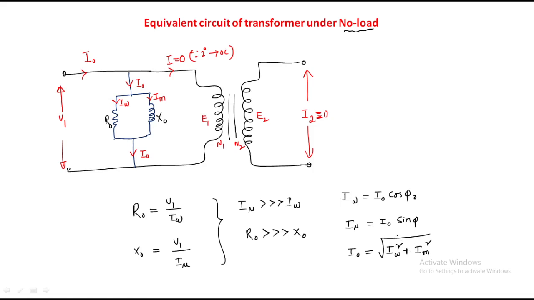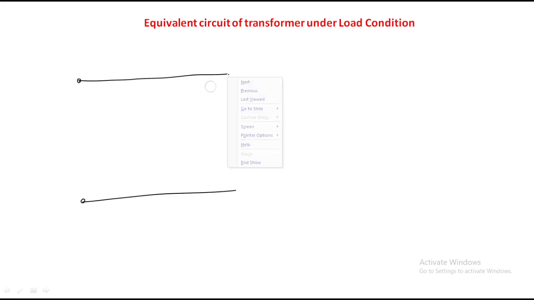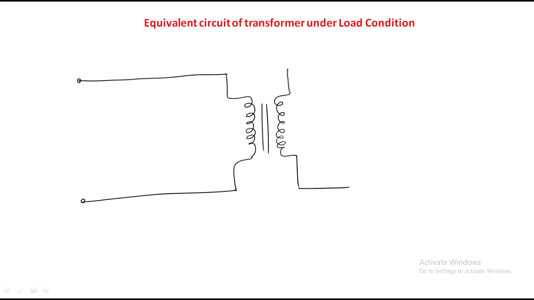Then coming to the equivalent circuit of a transformer under load condition. This is the primary winding and there is the secondary winding, right?